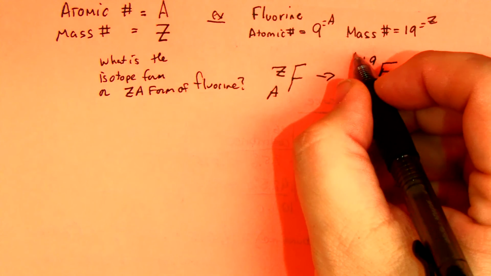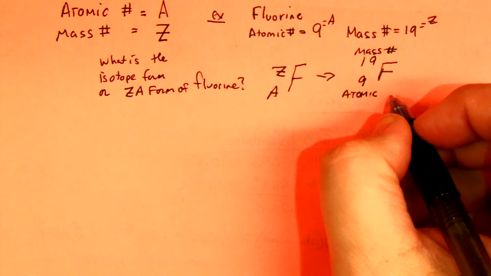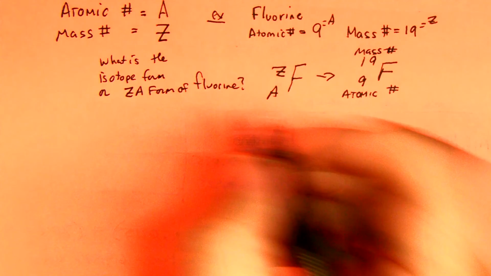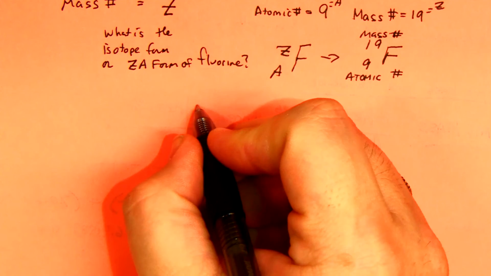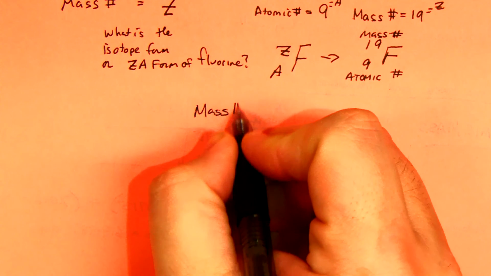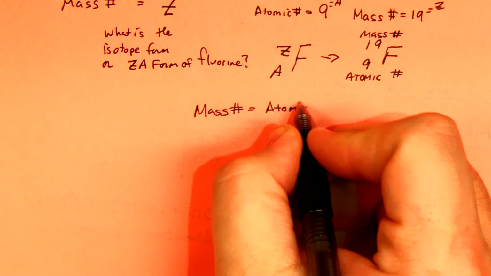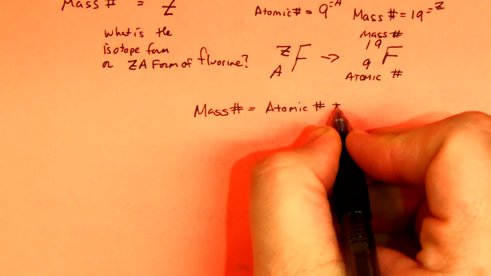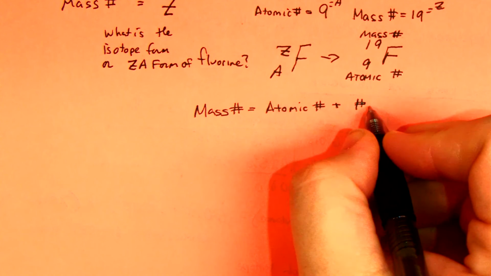Now, here's what is going on here. Your mass number is equal to atomic number plus the number of neutrons. But what does the atomic number equal?